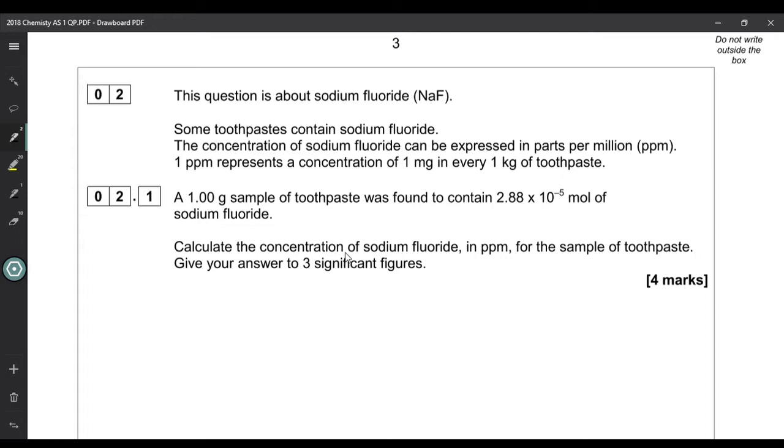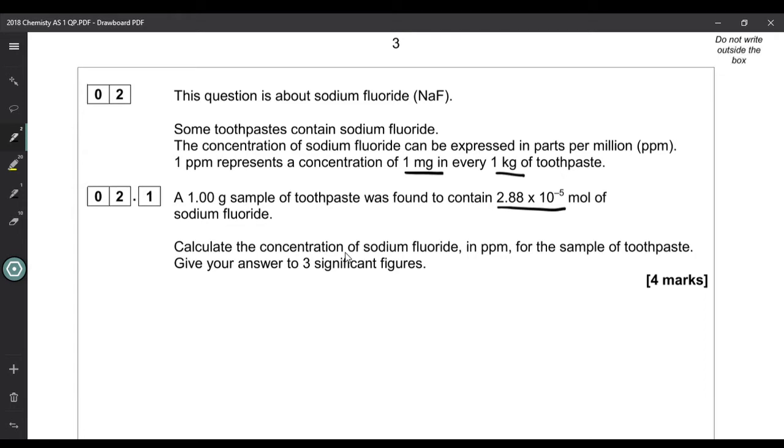So we've been told that some toothpastes contain sodium fluoride, and the concentration can be expressed in parts per million, which is 1 milligram for every kilogram of toothpaste. This part of the question is telling us that 1 gram of this toothpaste contained 2.88 times 10⁻⁵ moles.